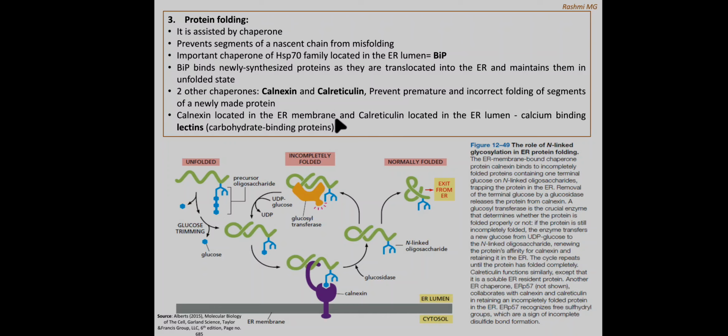Calnexin is located in the ER membrane and calreticulin in the ER lumen; they are calcium-binding lectins, carbohydrate-binding proteins. To understand this protein folding, you need some of the major important points here: calnexin, calreticulin, BiP, everything.